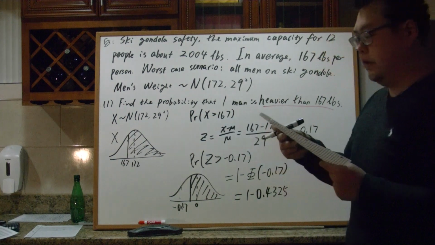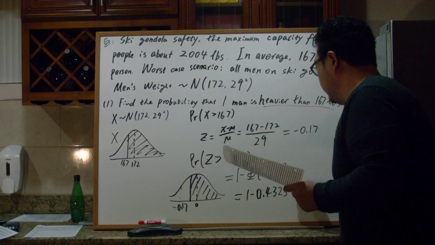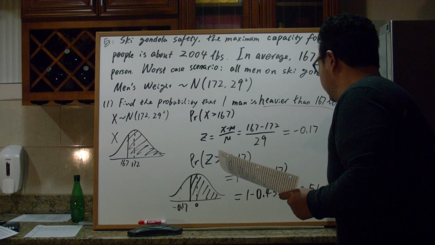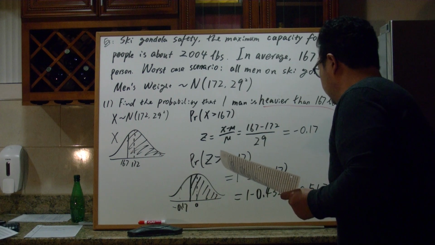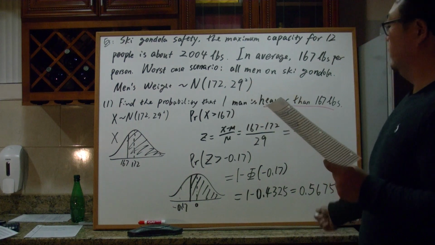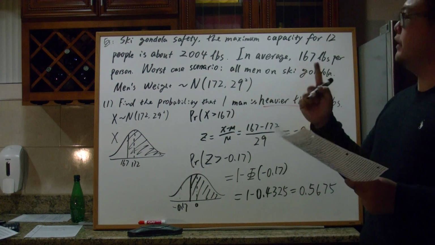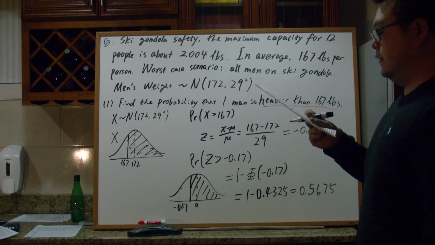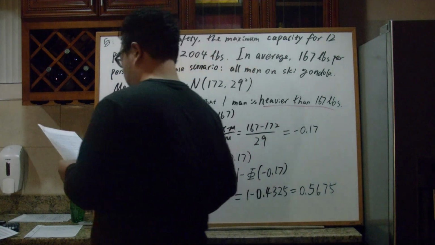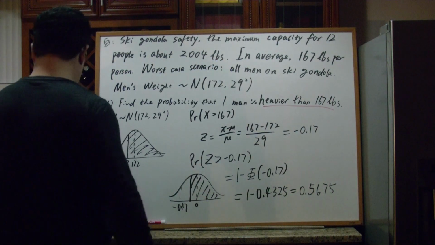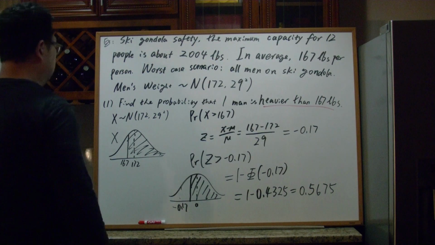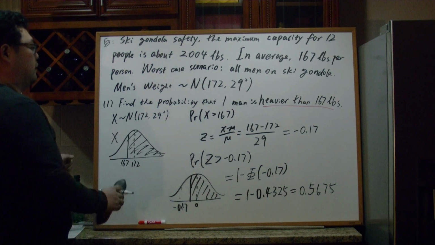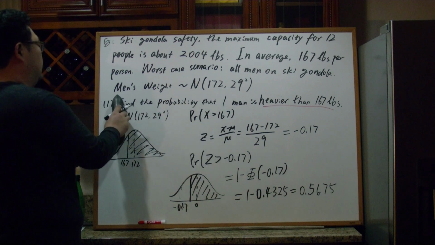So we get the probability 1 minus 0.4325, which is 0.5675. Right, that is for an individual: one man is heavier than 167. So that's the first part of this question.